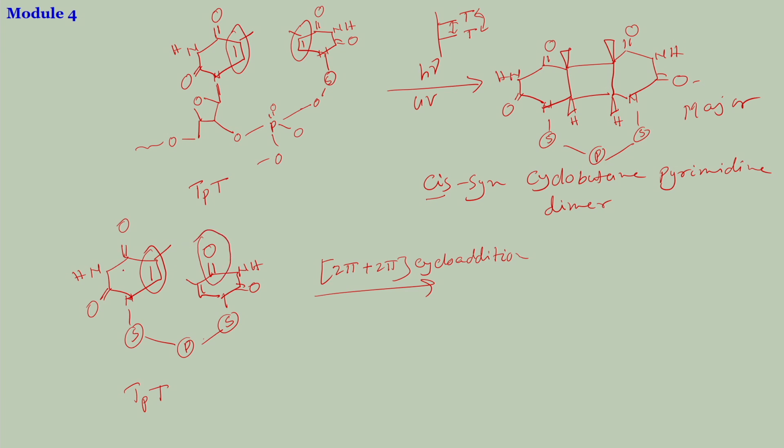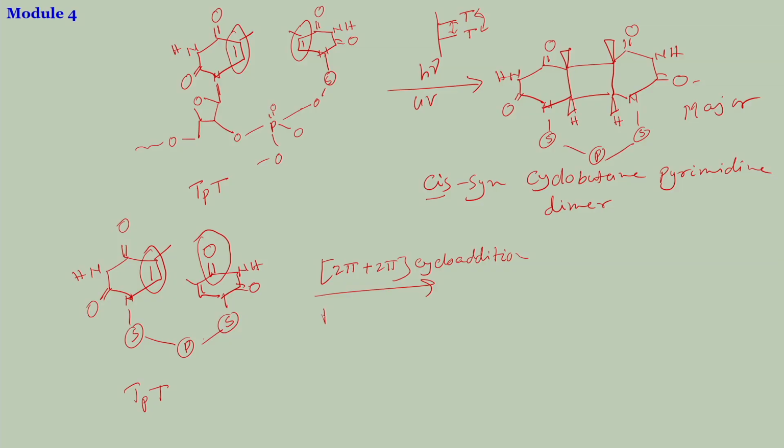Now, if these two double bonds form a cyclized product, that has a name, it is known as the Paterno-Buchi reaction. Paterno-Buchi, actually this is a German name with an umlaut, Buchi reaction. So, here your cycloaddition would be this way, goes here, goes there, and the product would be something like this.